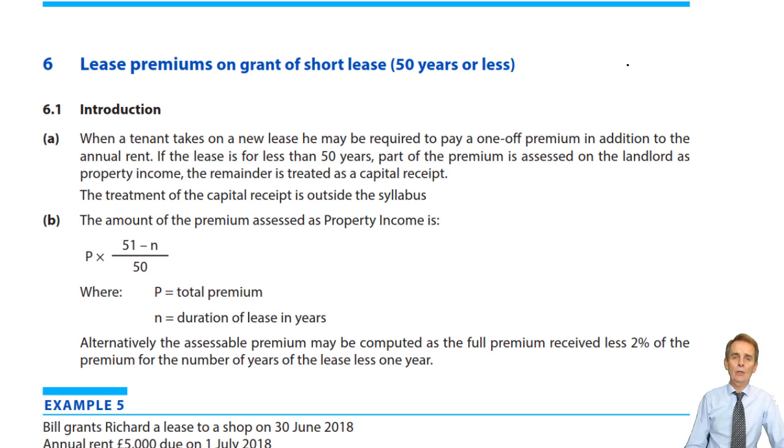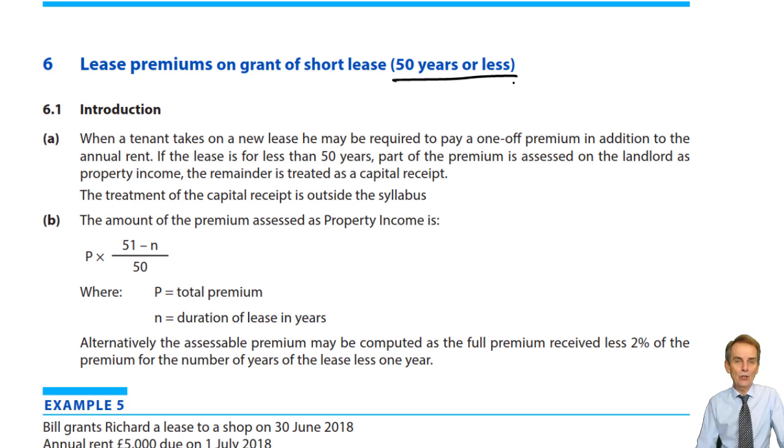Usually in these circumstances it will be a business property, and you're granting what is, in inverted commas, a longer lease, but it's still a short lease. There you can see 50 years or less, that's still a long time, but that defines a short lease.